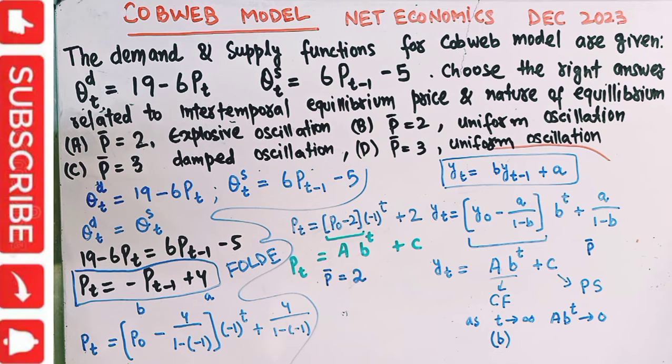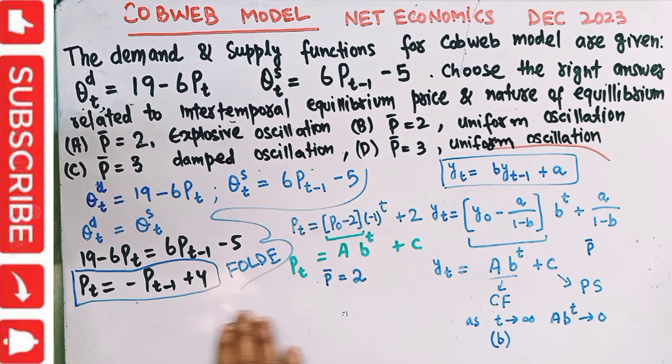So here b is equal to minus 1, so we have minus 1 raised power t. I don't have the space here to solve all this, so let me rub this out. There are certain conditions for stability.